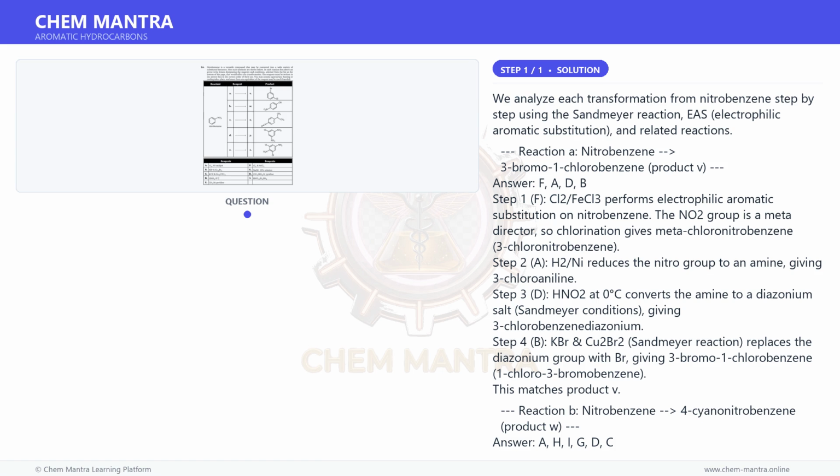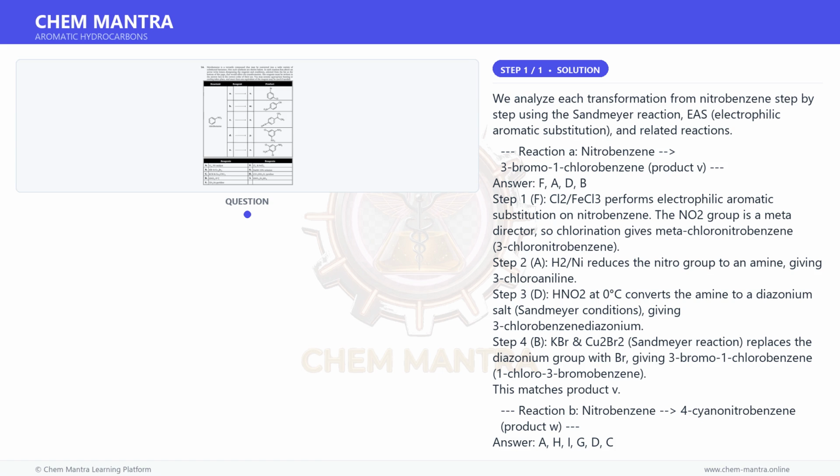Reaction E: nitrobenzene to 2,6-dichloro-1,3,5-triaminobenzene pattern, product Z, a benzene with Cl at 1 and 5 and NH2 at 2, 4, 6, based on the image showing Cl top left and top right, NH2 at top, left bottom and bottom. Answer: A, H, I, F, G, A or A, H, I, F, A, G.